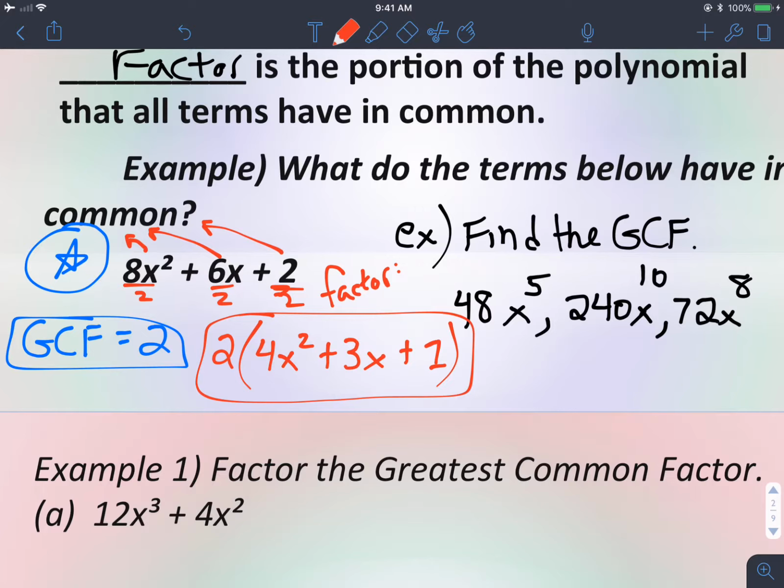The next one is different because now you have like an x to the 5th, an x to the 10th, and an x to the 8th. So they have a bunch of x's in common. Think about it for a minute, what numbers might be in common there and what x's.